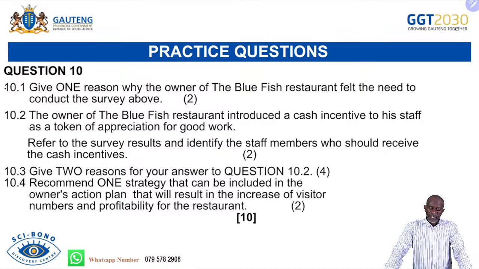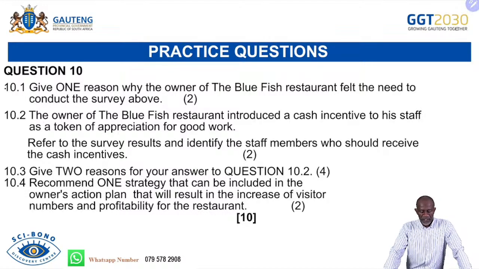10.2, the owner of Bluefish restaurant introduced a cash incentive to his staff as a token of appreciation for good work. Refer to the survey result and identify staff members who should receive the cash incentive.